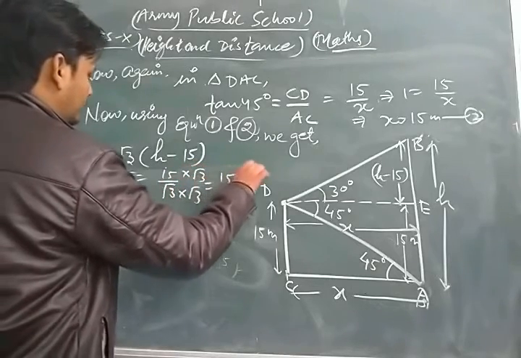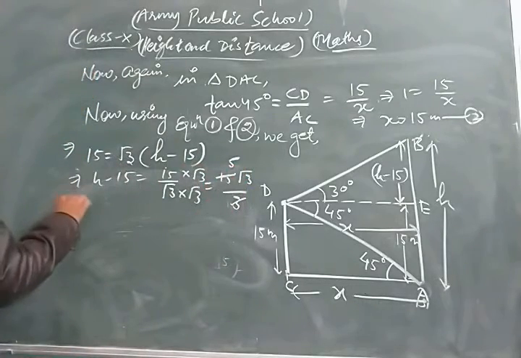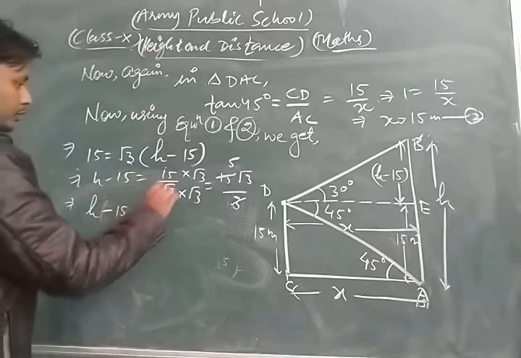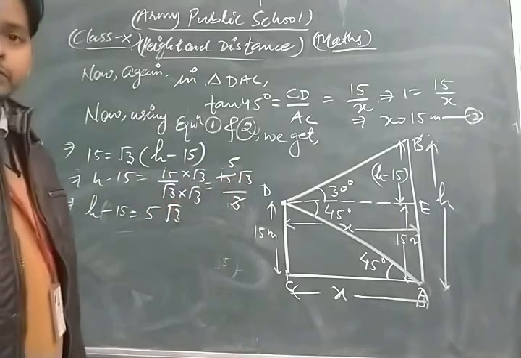That is 15 root 3 upon 3, 3 fives are 15. So H minus 15 is equal to 5 root 3, 5 root 3 is there.